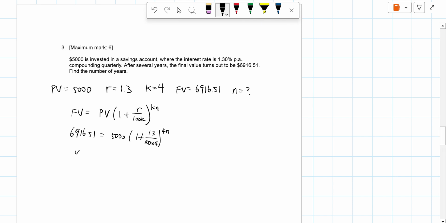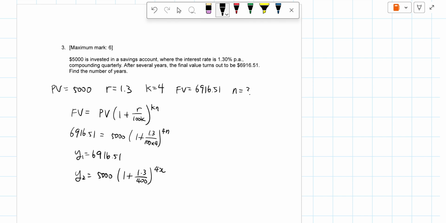So I'm going to plot y1 is equal to 6,916.51, y2 is equal to 5,000 times 1 plus 1.3 divided by 400 to the power of 4n, 4x. So let's go. Y equals 6,916.51.